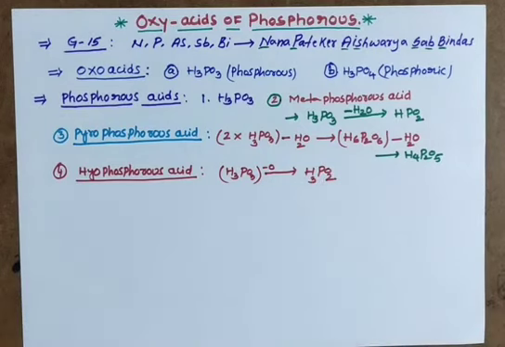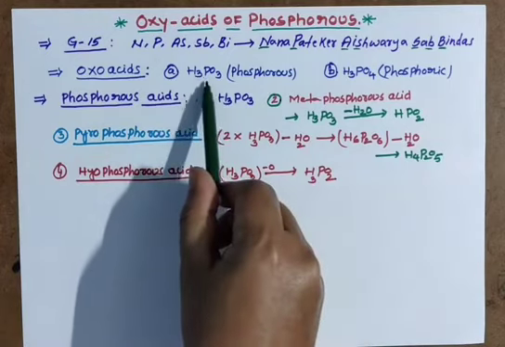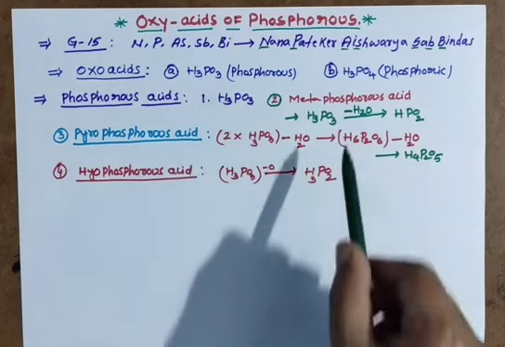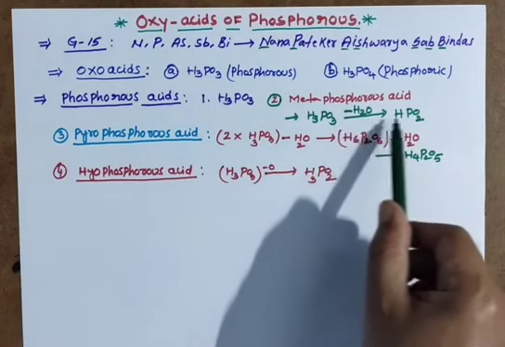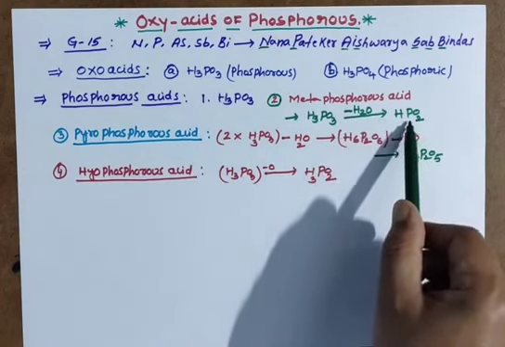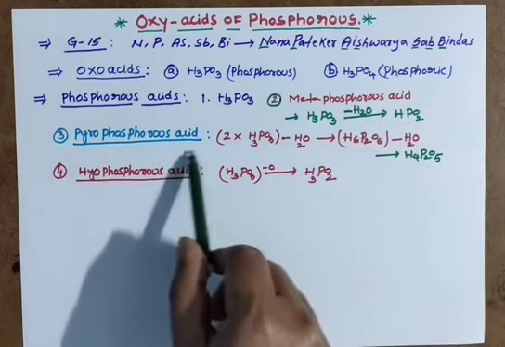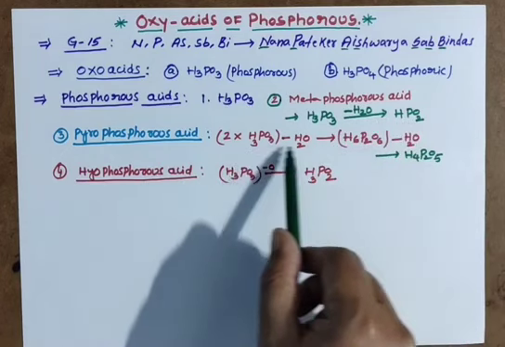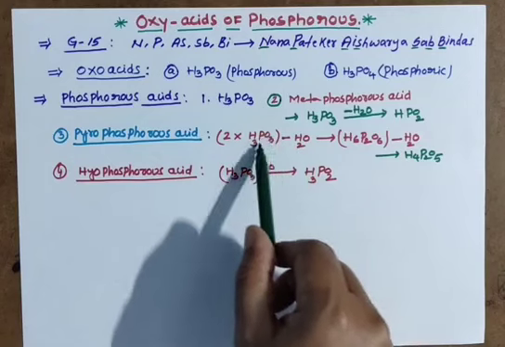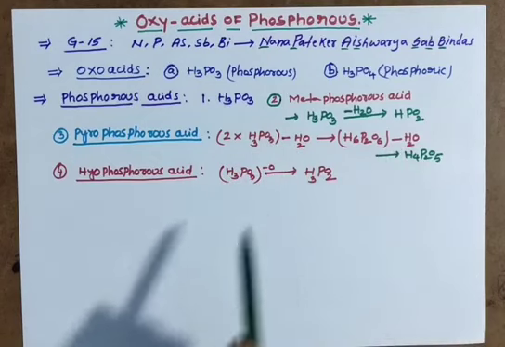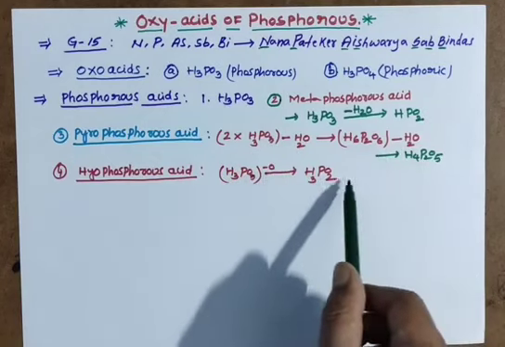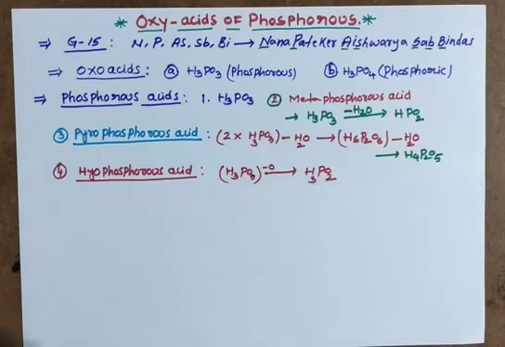This is hypophosphorus acid. Phosphorus acid is H3PO3. Remove 1 water molecule, you get metaphosphorus acid; multiply with 2 and remove 1 water molecule, you get pyro. Remove 1 oxygen, you get hypo.